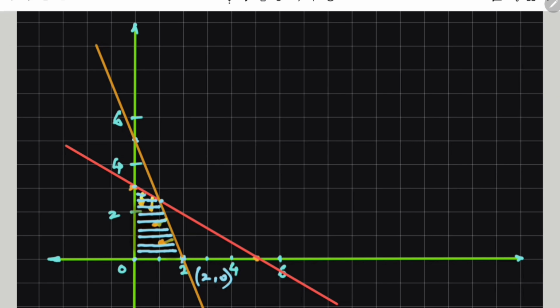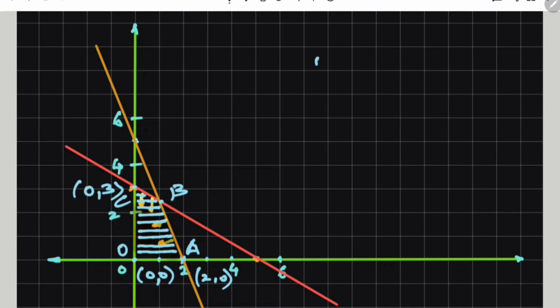Points: (0, 0) is the origin, then this is (2, 0), this one is (0, 3), and we give names to the corners O, A, B, C. O with (0, 0) coordinates, A as (2, 0), B we have to obtain by solving those two equations, and C as (0, 3).